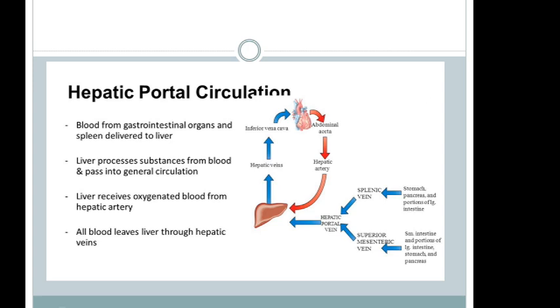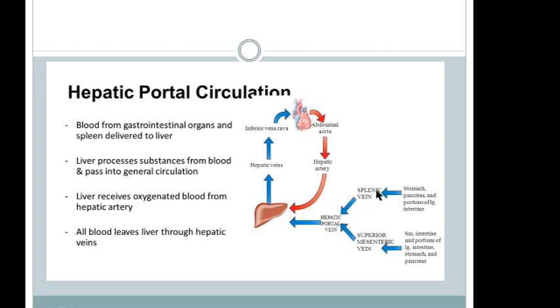Here in this diagram you can appreciate the hepatic artery, which receives blood from the abdominal aorta, and enters the liver and divides into many branches. This hepatic artery contains oxygenated blood, and from the hepatic portal vein the liver receives 75% of its blood. The hepatic portal vein consists of the splenic vein and superior mesenteric vein.